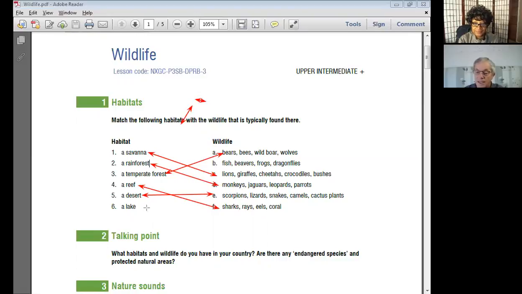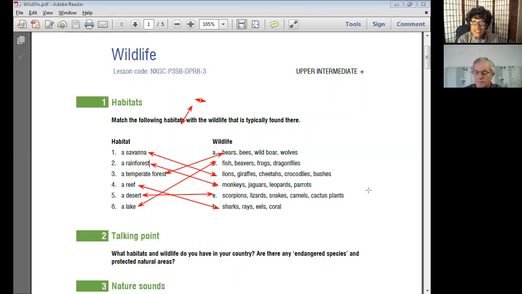In a lake, we can find fish, beavers, frogs, and dragonflies. In a lake, we will find fish, beavers, frogs, and dragonflies. Nicely done, Bernard.